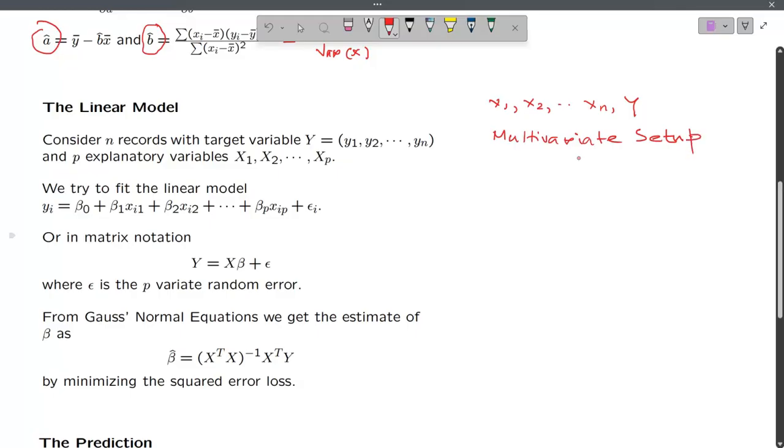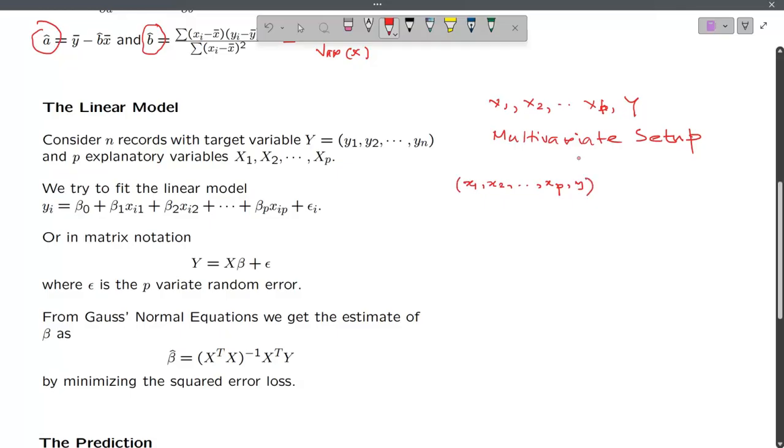Consider n records with target variables y1, y2, yn, and p explanatory variables x1, x2, xp. n is the number of records, the number of data points. So each data point is a point in p plus 1 dimension.